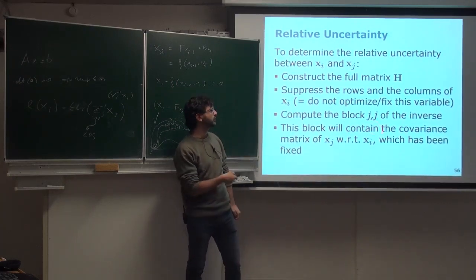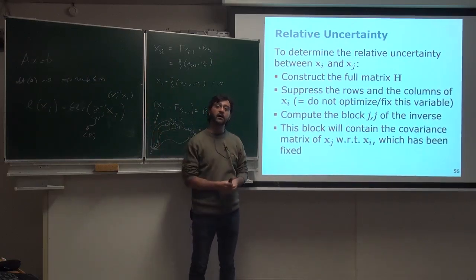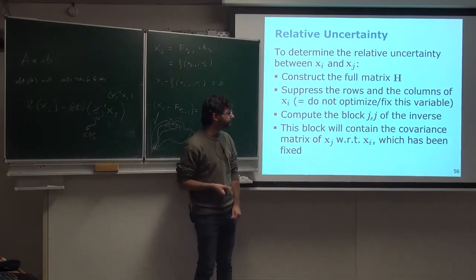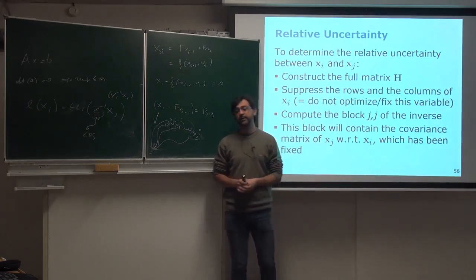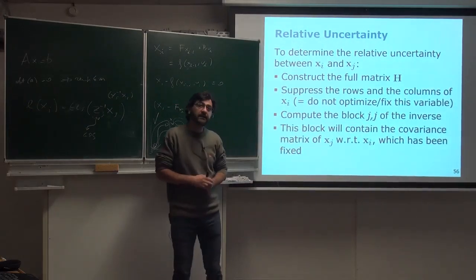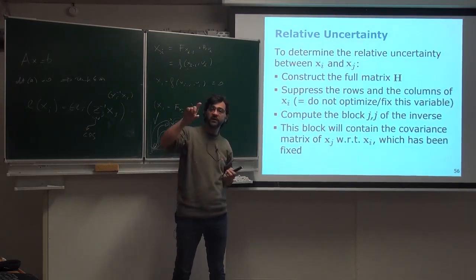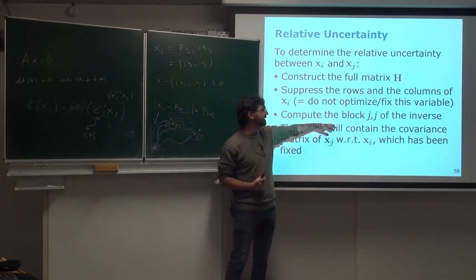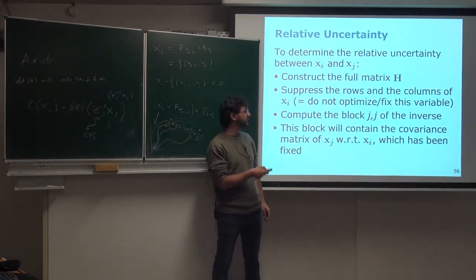And then we just compute the block jj, so the block of the other variable we are interested in, from the inverse of H. We can do it by inverting H and just taking the block, or we can also do it by solving a pseudo-linear system where we just want to extract the jj element of the matrix. I'm not telling you how to do it, but just keep in mind that there is a way of getting it quite fast.